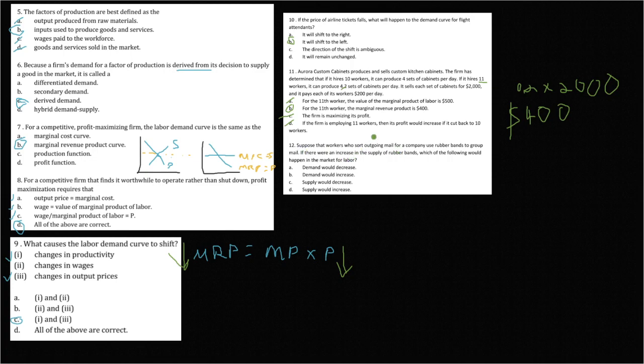If there's an increase in supply of the input to the workers, that makes them more productive. They're not waiting around for other people's rubber bands or whatever. So marginal product goes up in this case, making marginal revenue product increase. So this one is B as well.